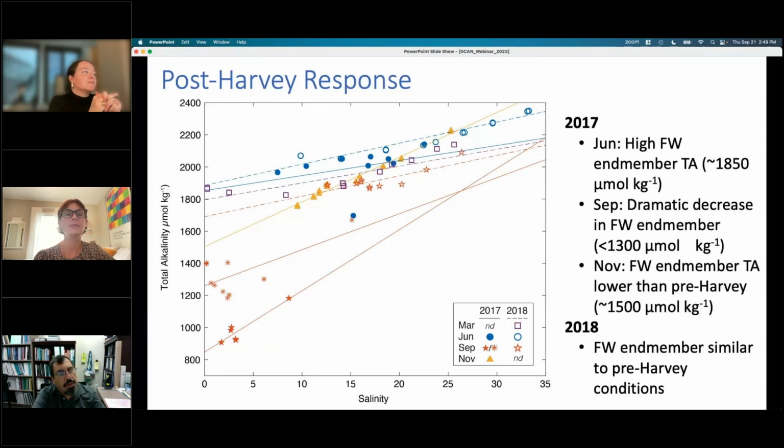Because it's not entirely outside what would be unusual. We do have some sampling in the Gulf of Mexico, which I don't have a slide for right now, that corresponded with at least the 2017 data for June, September, and November.